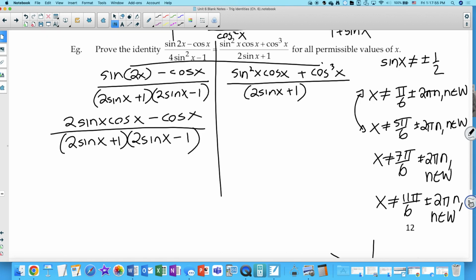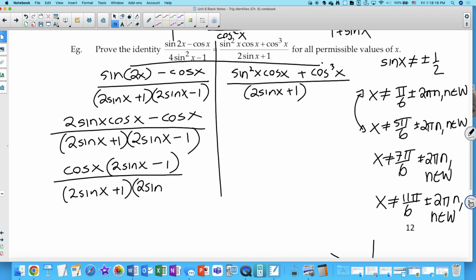So we have here cos x times 2 sine x minus 1 over 2 sine x plus 1 times 2 sine x minus 1. So this is nice. These cancel. And that's quite simple. Okay, so at this point, I would stop on the left and start looking at the right and say, how can I turn the right side into the left side?